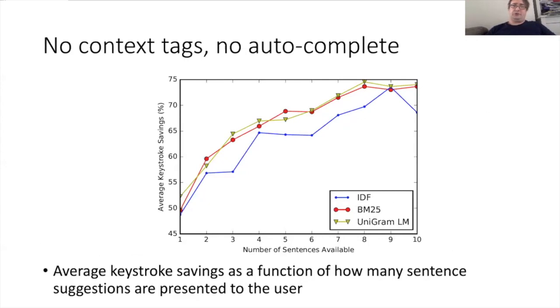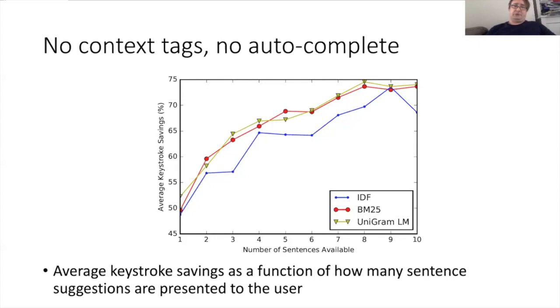The first is a baseline analysis, where we are using no context tags and no word autocomplete. And what you are seeing is average keystroke savings as a function of the number of sentences available. And what you can see here is that if we present only the number 1 sentence suggestion, we can expect an average keystroke savings of about 50%.